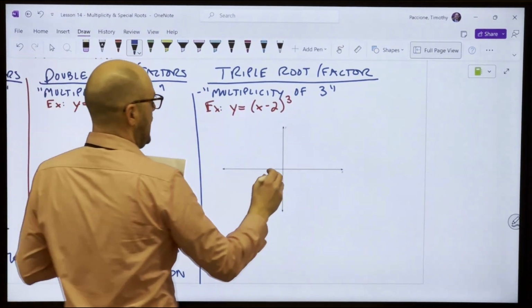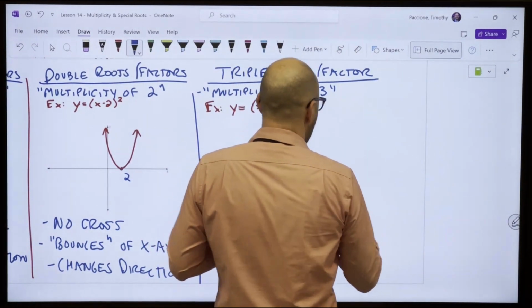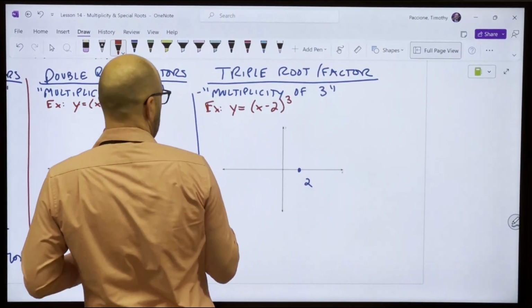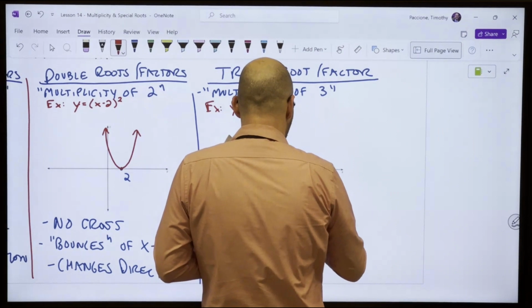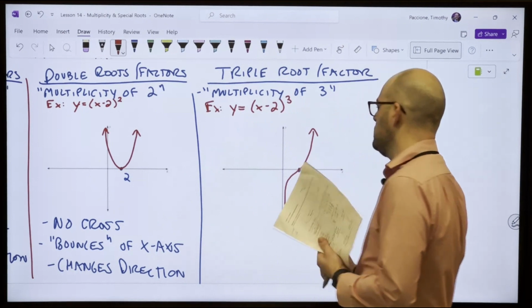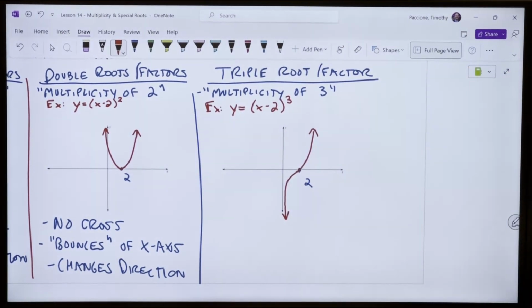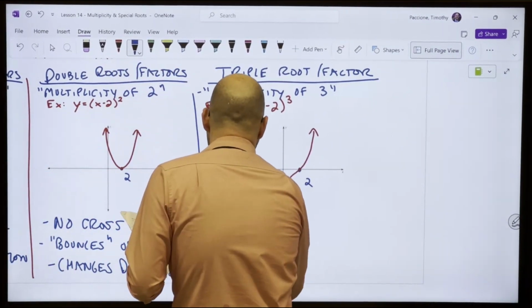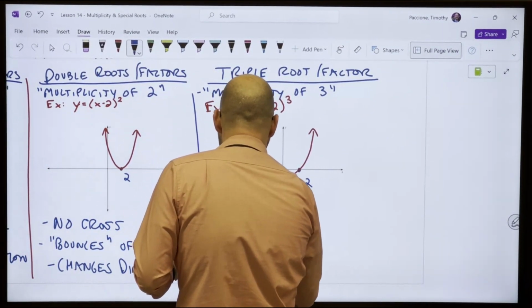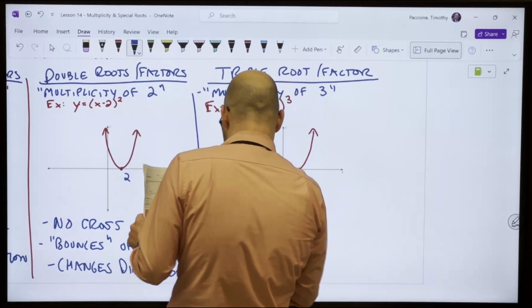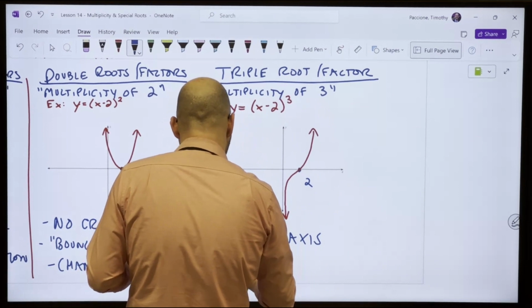So now I have that same root at 2, but what type of function is to the third? Cubic, right? And a cubic function that is just moved to the right 2 would come up and then go through 2 and change its concavity. So we'll define that word concavity before we go, but let's first talk about these triple roots. They always cross the x-axis, and they change their concavity.